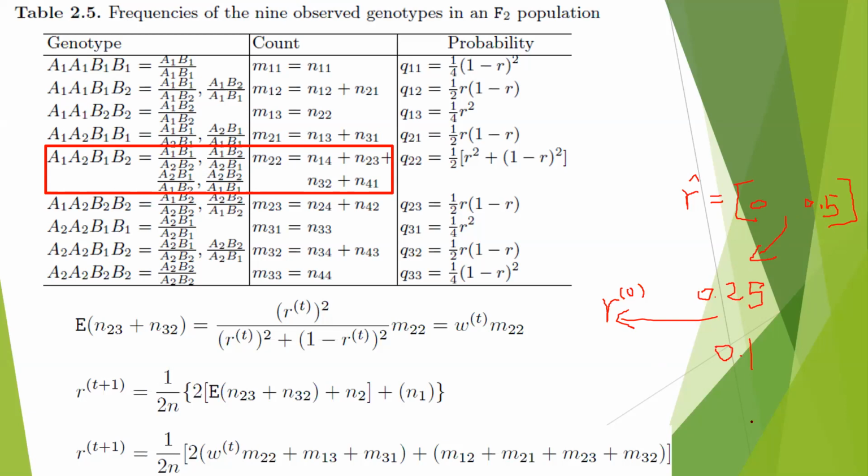But if for some other experiment you know these two loci may not be that tightly linked, you can give an initial value like 0.4. So it's totally up to you. But usually the program is very robust. No matter what value you give to the initial value, it can quickly converge to the real value. So it's very robust.